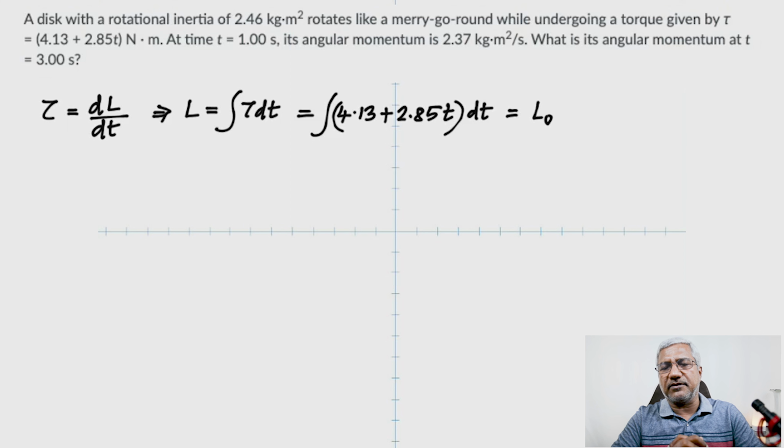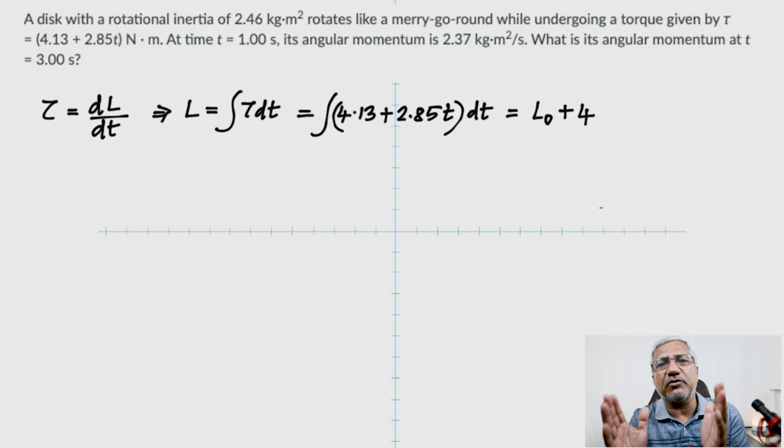And it's very simple. You know that when you integrate, if you're not given the limits, there will be the constant of integration. The constant of integration is the boundary value. In this case, it's the initial angular momentum, whatever the angular momentum was when time was 0 seconds or 1 second. In this case, it's 1 second.